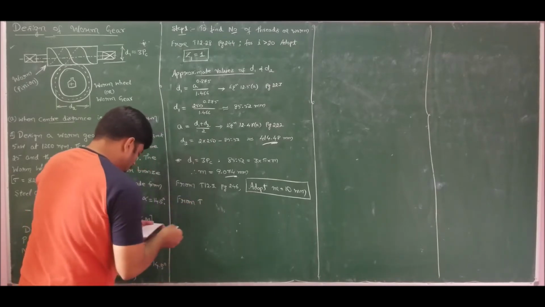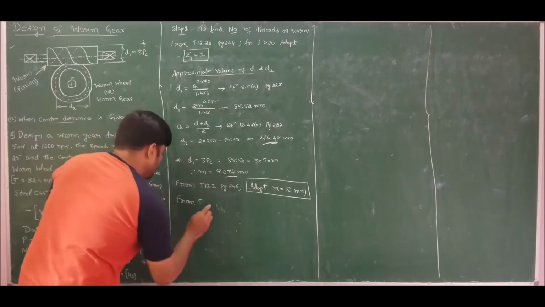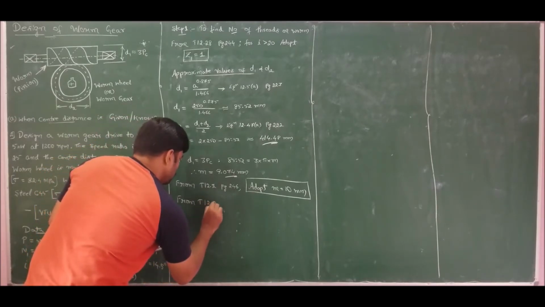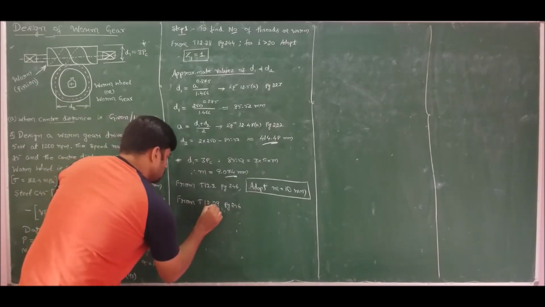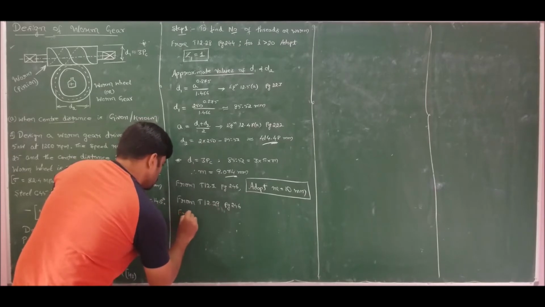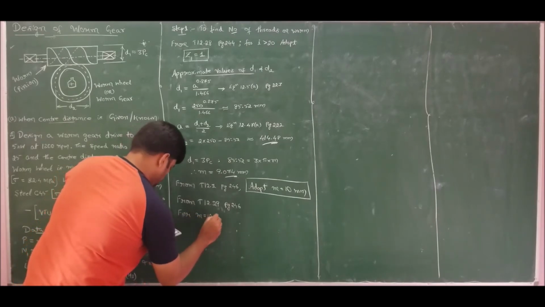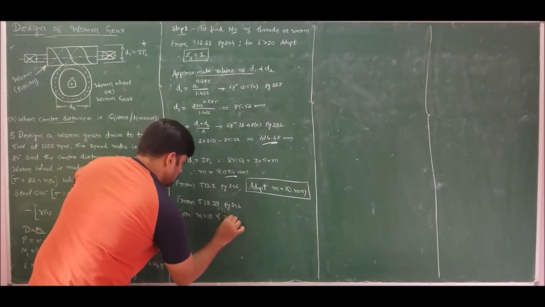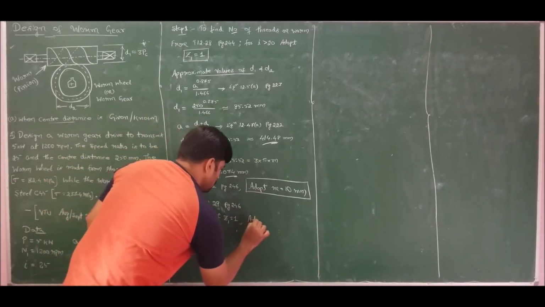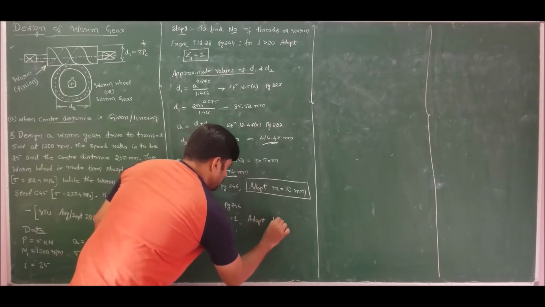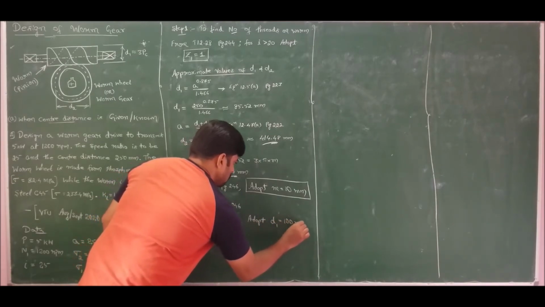From table 12.29, page number 246, for module equal to 10 and Z1 equal to 1, we can adopt diameter D1 as 100 millimeters.